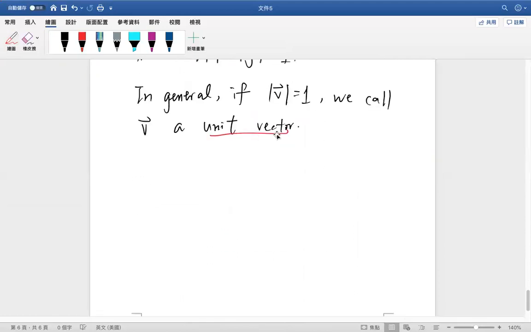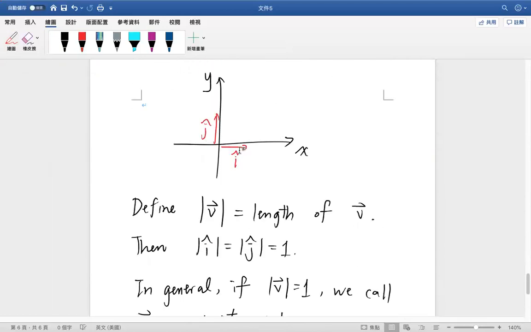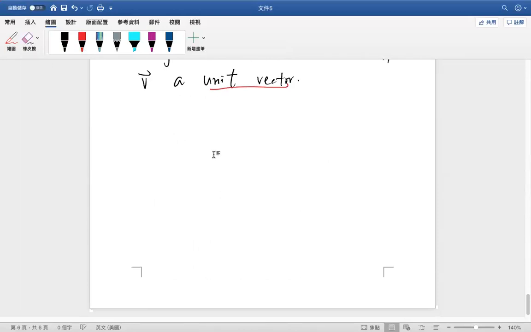And why do we introduce these two very special vectors, namely i and j? Because we can express any vector in the following form.